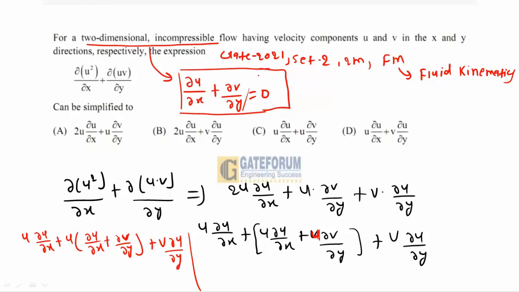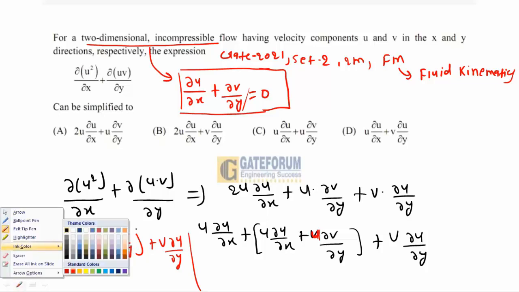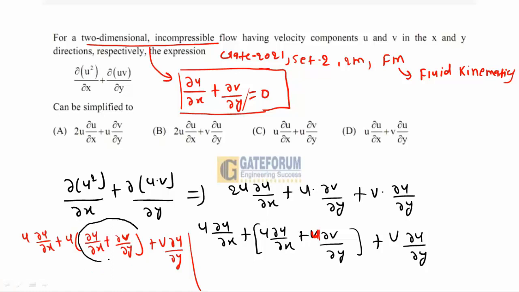So for two-dimensional incompressible flow, this quantity will be 0. If this will be 0, then what will be our equation? Our equation will be u del u upon del x plus v del u upon del y.